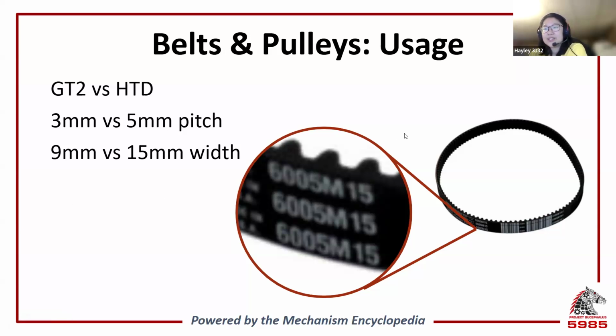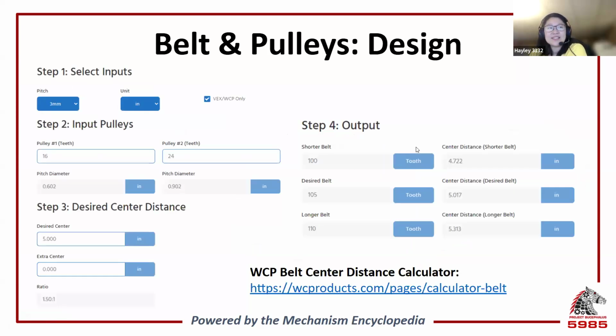So, how do we calculate the correct center distance? Well, we go back to the WCP website. They have a great calculator there, which operates very similarly to the one that you saw before. In step 1, you select the pitch of the belt that you're using and the unit of measurement that you like to work with. Step 2, you enter the size of each of the pulleys that you want to use.